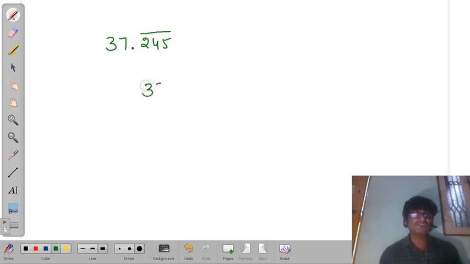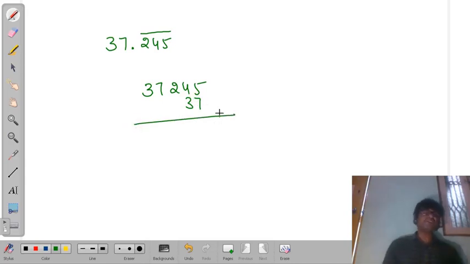So you'll get 37,245. Now subtract 37. Why do we need to subtract 37? We have to take the digits which are not under the bar. The digits which are not under the bar are 3 and 7. So I am subtracting 37.